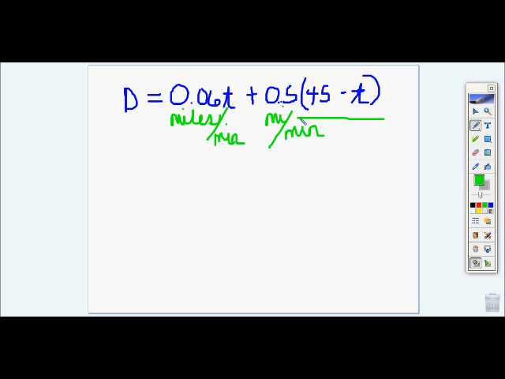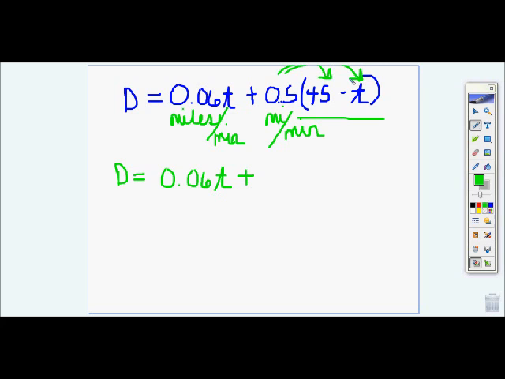And it's just going to ask us to simplify this function. So the first thing I'm going to do is apparently stay in green. There is no operation here for the 0.06, so I'm just going to copy that one down for right now. We have some distributing that needs to be done next.